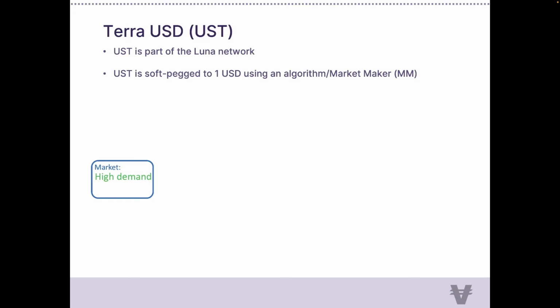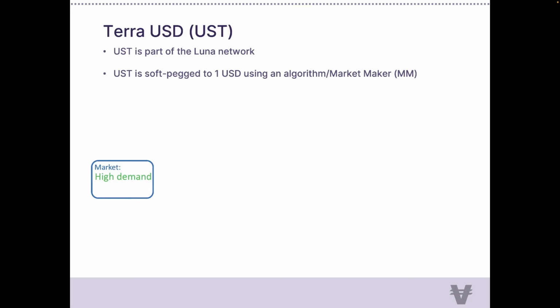In this hypothetical example, we have a market with a high demand for USD. A high demand for USD could be that people sold off their crypto and want to go to a more stable yield on the Anchor protocol, maybe. Back then that was around 20% return, which is quite high.